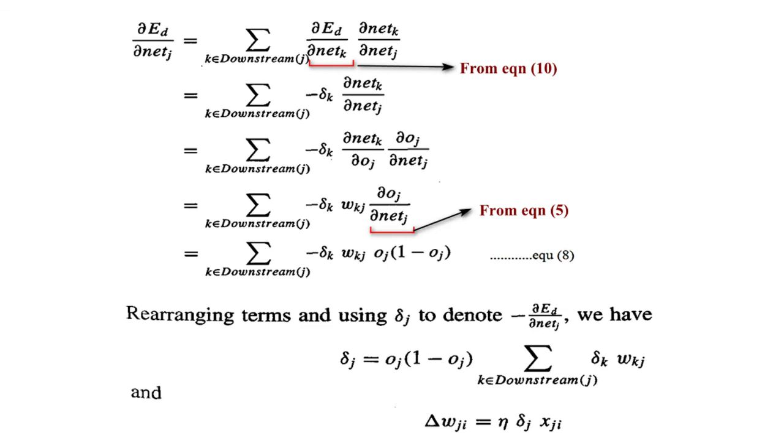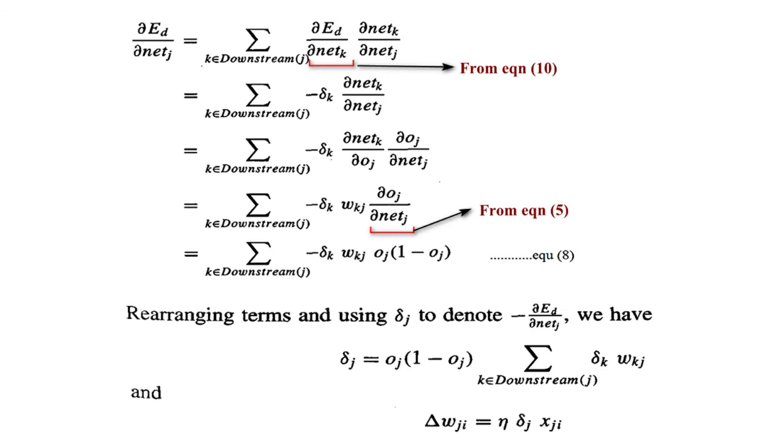Again, the chain rule is used here. This turns out to be the summation over k belonging to Downstream(j) of minus δ_k times the derivative of net_k with respect to net_j. Again, we substitute the derivative of net_k with respect to net_j using the chain rule.